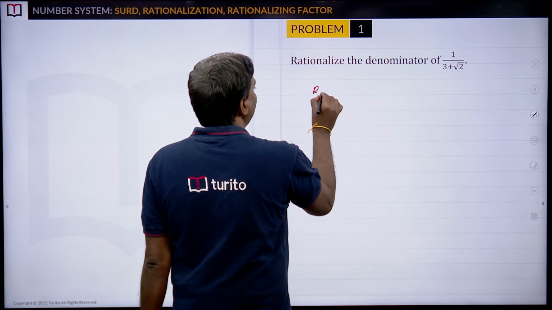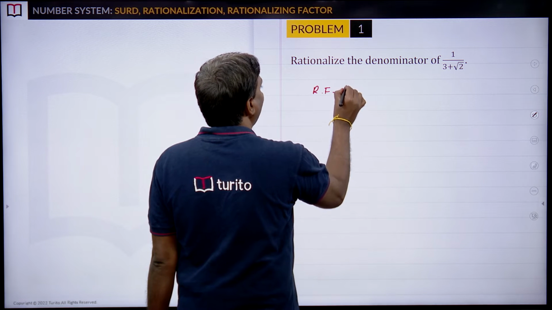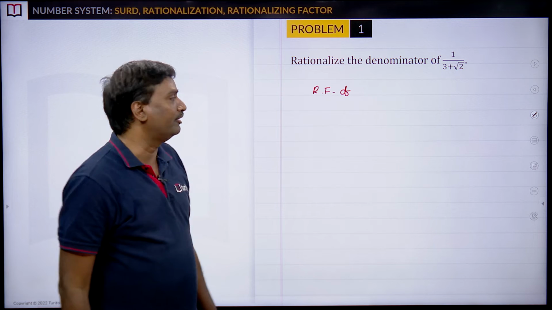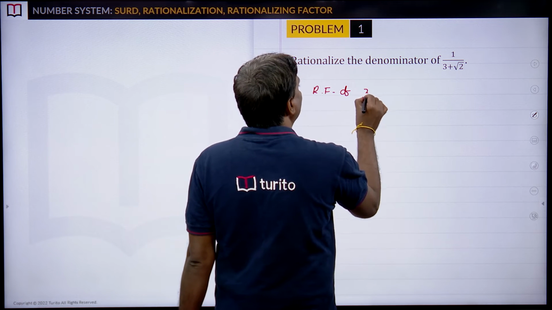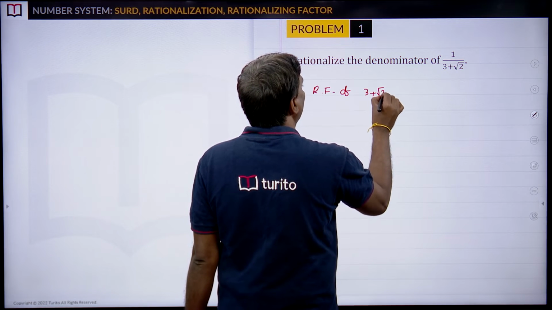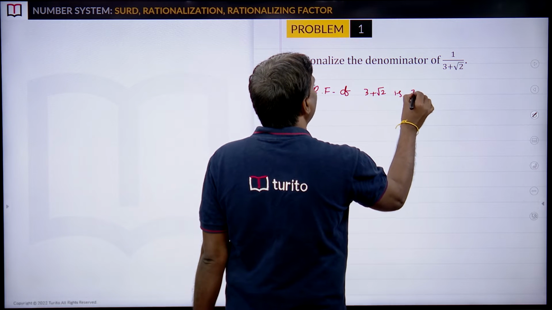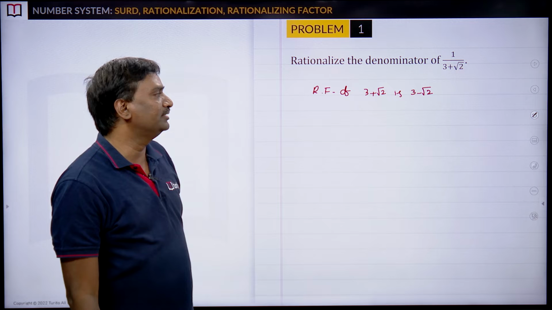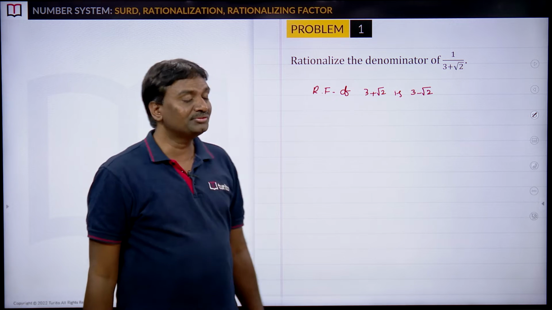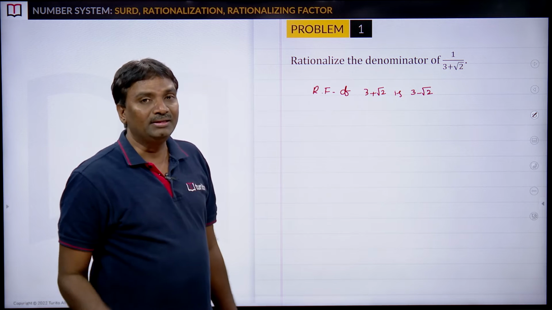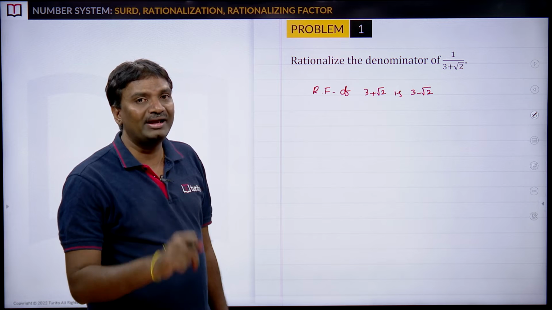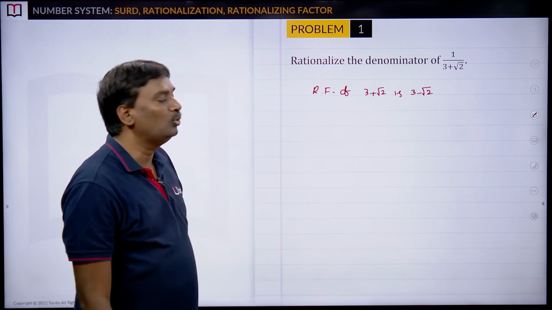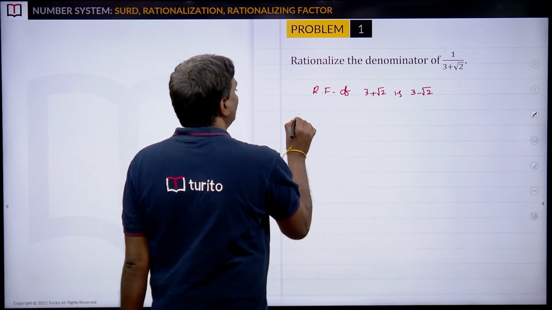So, we have to multiply the numerator and denominator of the given fraction 1 by 3 plus root 2 by 3 minus root 2.